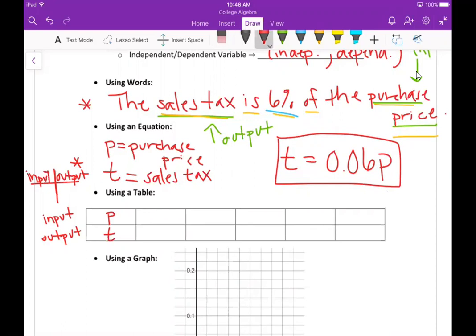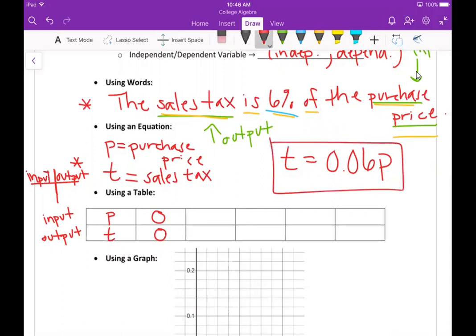Here, a negative value would not make sense because we wouldn't buy something for a negative amount. But we could start with something as simple as 0. You could purchase $0 worth of things, and how much sales tax would you pay? Well, you plug in 0 for P here, and you see that your tax would be 0, right? You wouldn't pay any tax if you had nothing to buy.